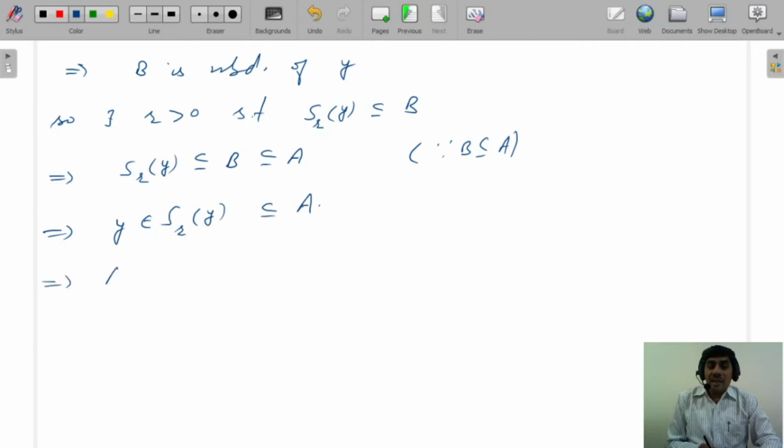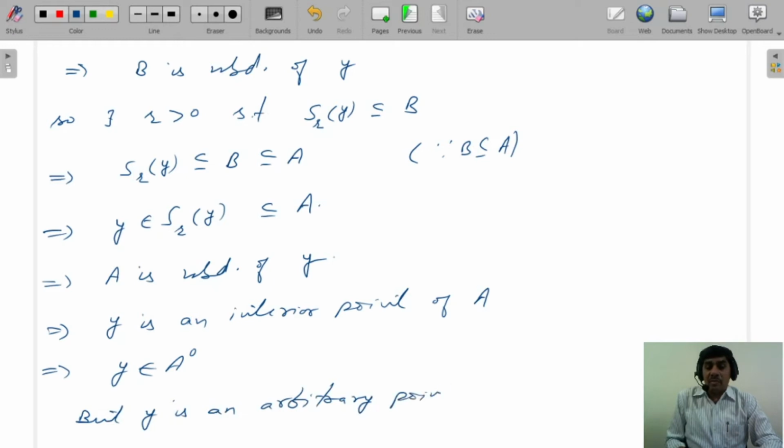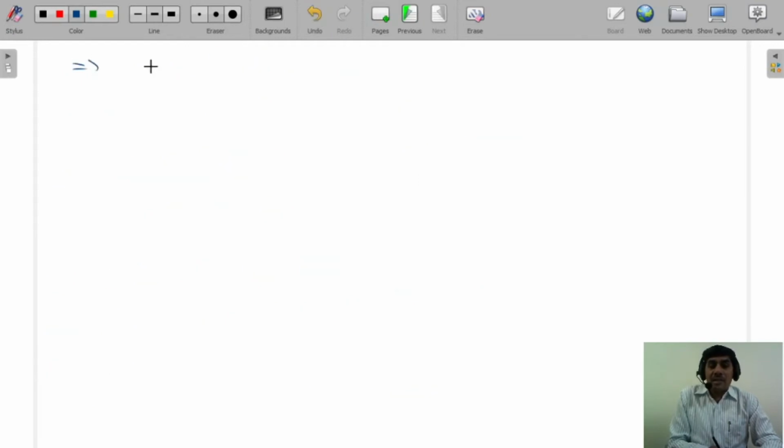This implies A is a neighborhood of y. This implies y is an interior point of A. This implies y belongs to A interior, but y is an arbitrary point of B. This implies B is contained in A interior.